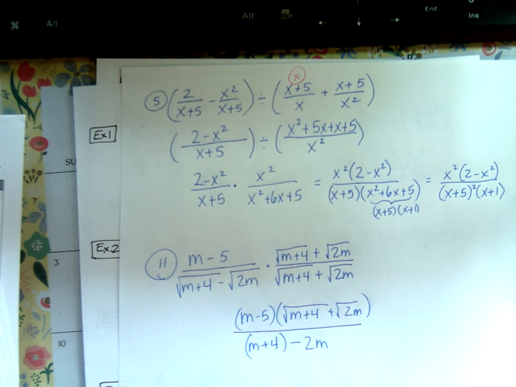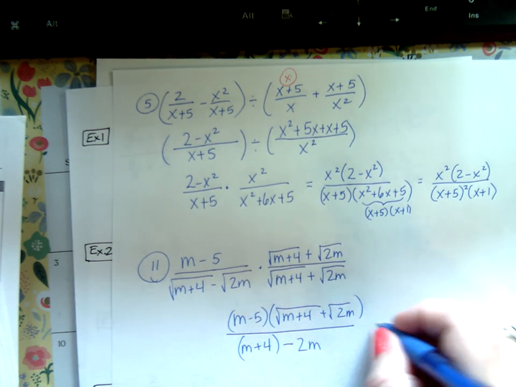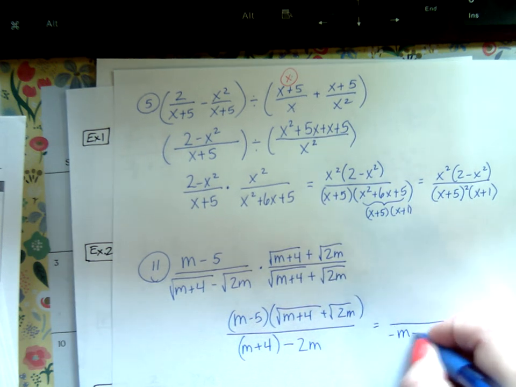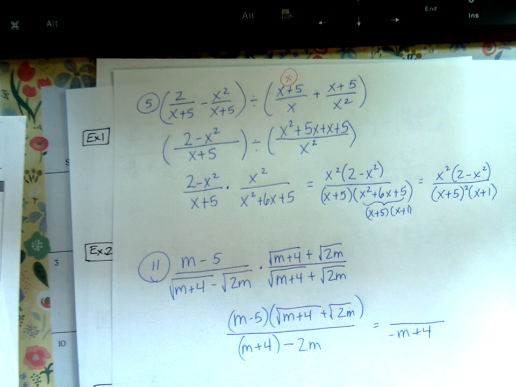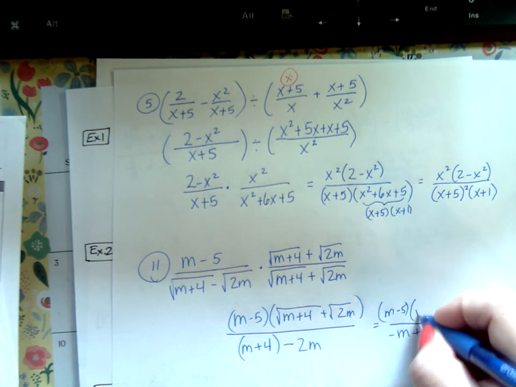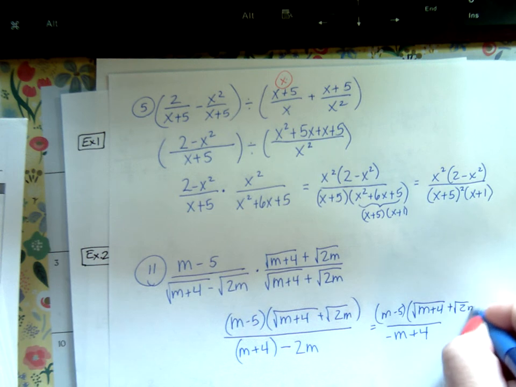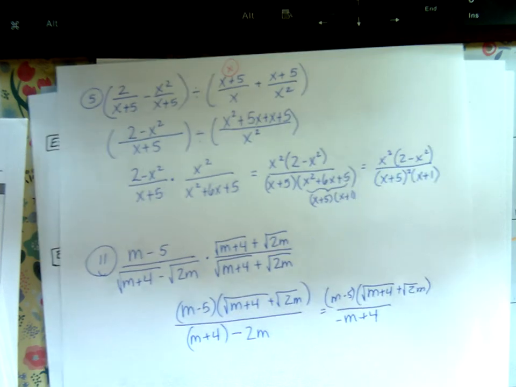Negative 2m plus another m is a negative m plus 4. So my new denominator is negative m plus 4. And you've got the numerator there: m minus 5 times square root of m plus 4 plus square root of 2m. Cool? So there's one of each to help you along.